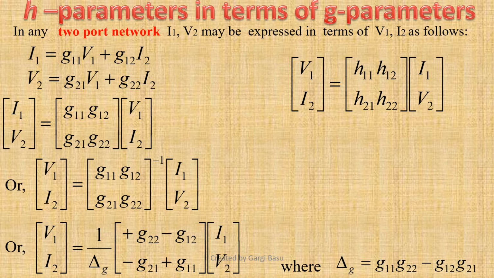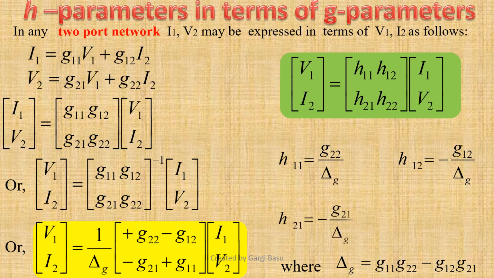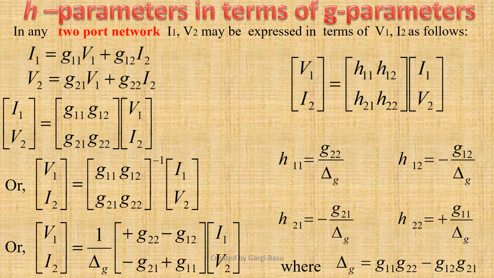Comparing these two sets of equations, we get H11 = G22/ΔG, H12 = -G12/ΔG, H21 = -G21/ΔG, H22 = G11/ΔG. Now we have obtained expressions for hybrid parameters in terms of G parameters.